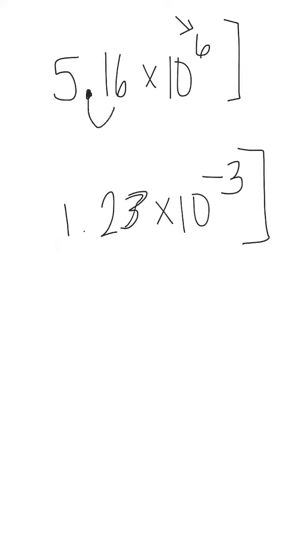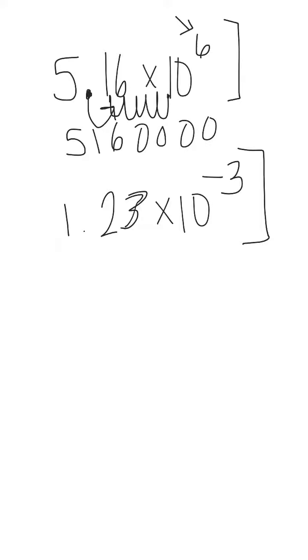So that means we're going to move the decimal place 6 places that way. So 1, 2, 3, 4, 5, 6. So this number is 5, 1, 6. And I fill in the rest of these little bumps with zeros here. So this number, 5.16 times 10 to the 6th, is actually 5,160,000.